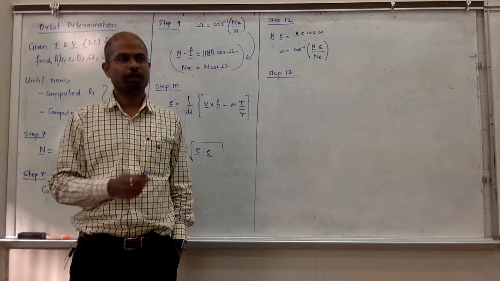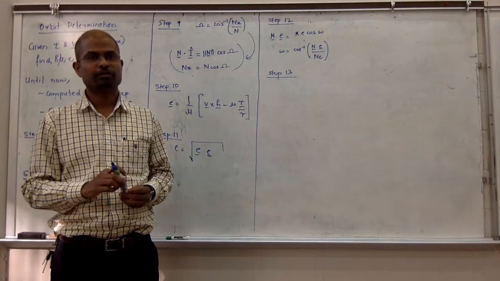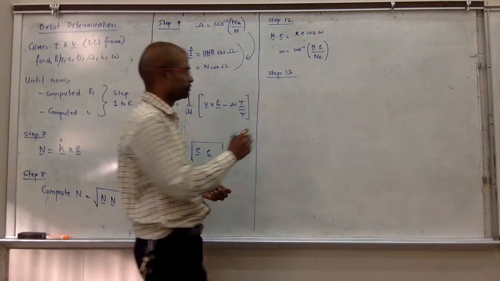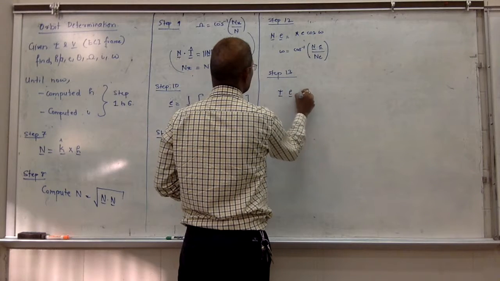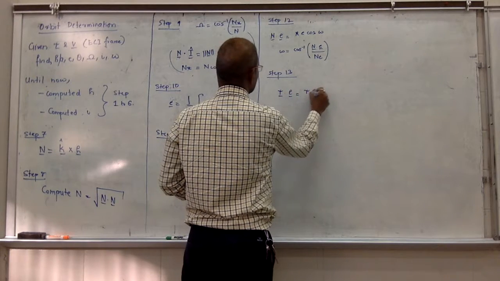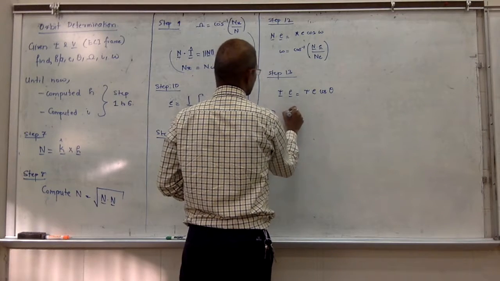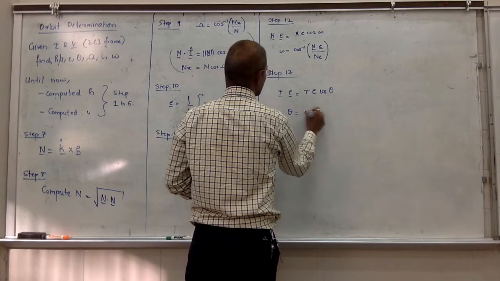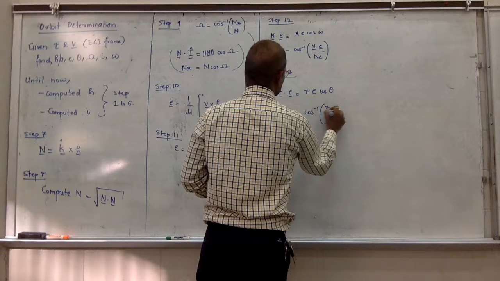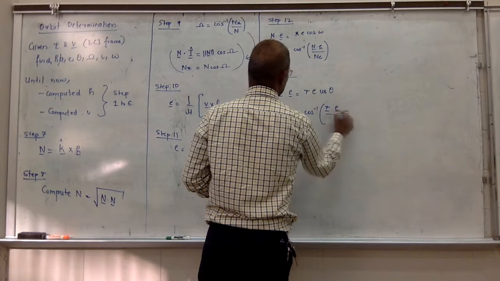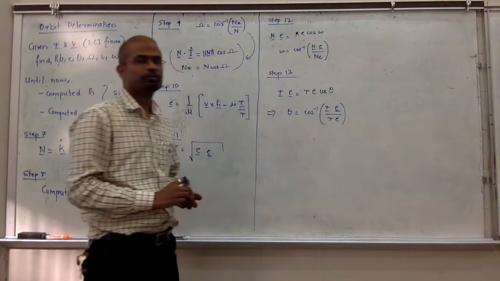R dotted with E is equal to R E cosine theta, and this implies theta is simply cosine inverse of R dotted with E divided by R E.